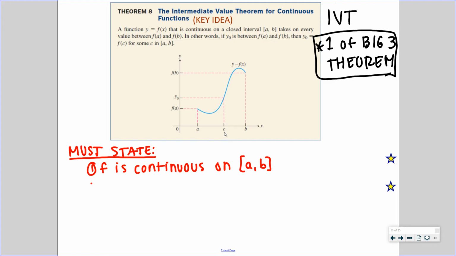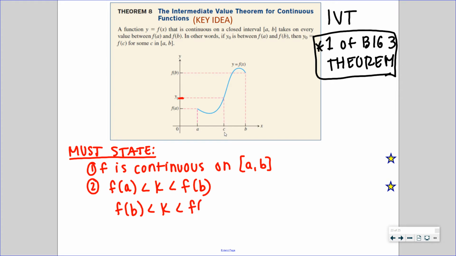The other thing you have to show is that the output is in between f of A and f of B. Okay, you could also flip-flop this. Usually A is smaller than B in our interval, but that doesn't necessarily mean f of A is smaller.